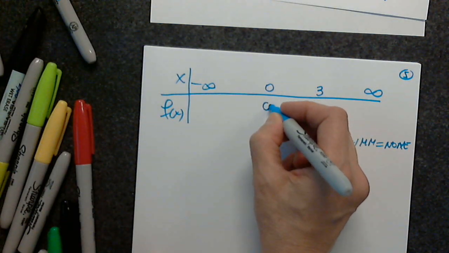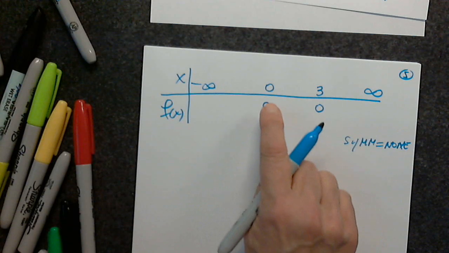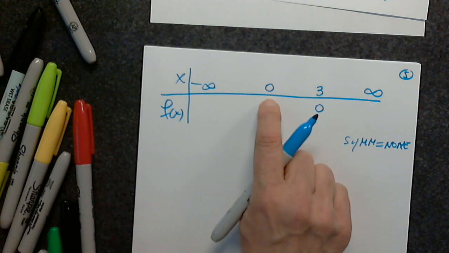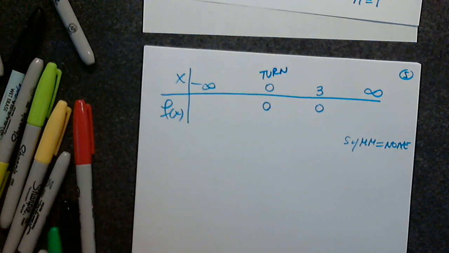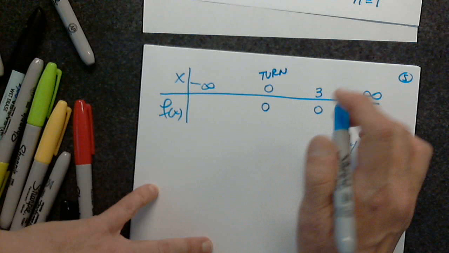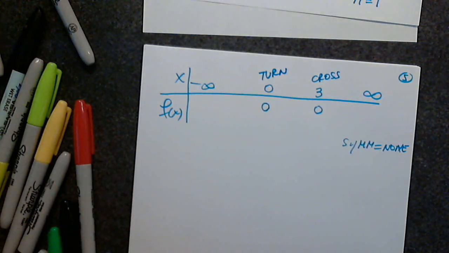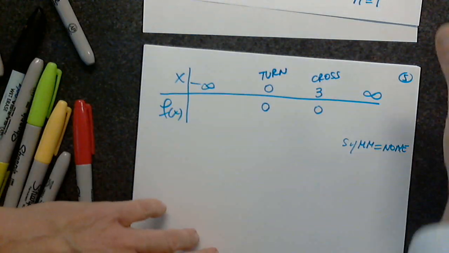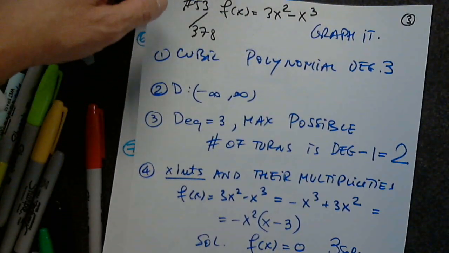I will write 0 underneath because they are both x-intercepts. I will write myself a note above 0, 0 that this must be a turn. I will write a note about 3, 0, and I will say this is a regular cross of the x-axis. And I discovered the end behavior as being positive infinity to negative infinity.